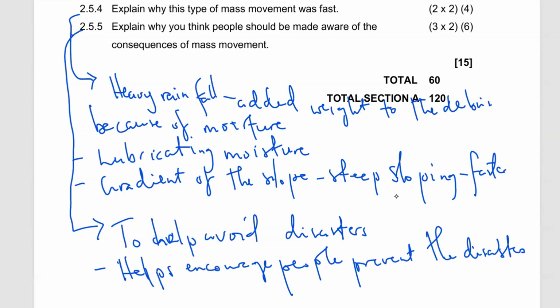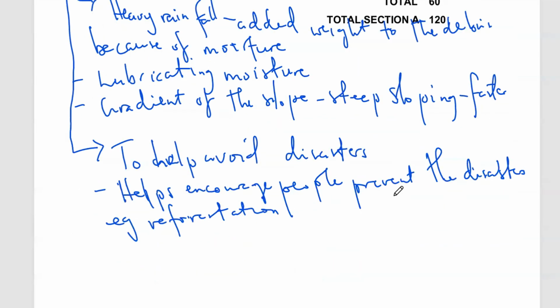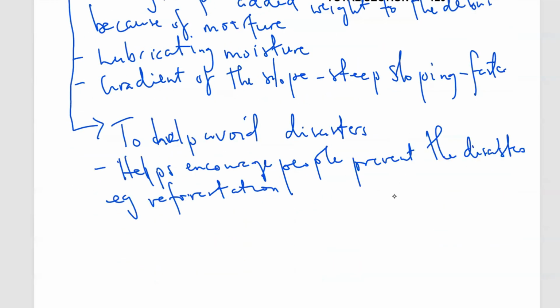Or we can say, for example, people can take initiative for reforestation on slopes. It's a measure that can be taken into place because of people knowing the dangers of such disasters.